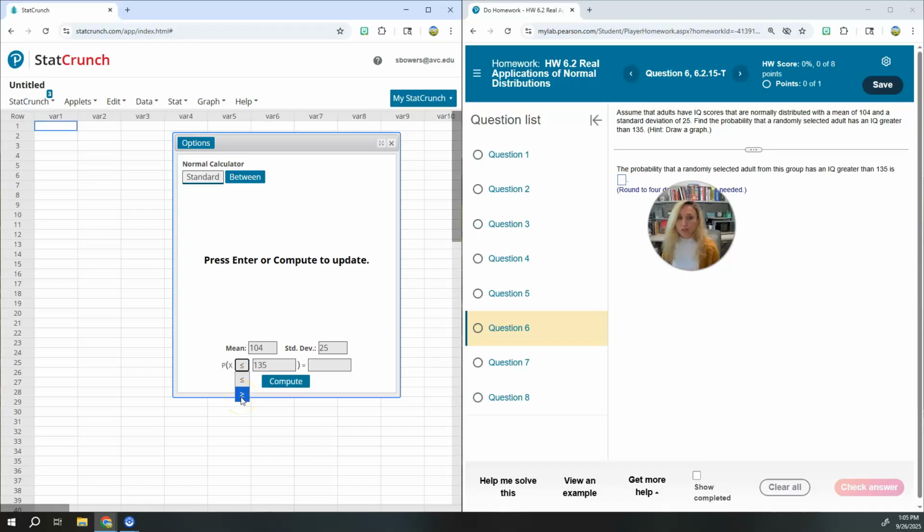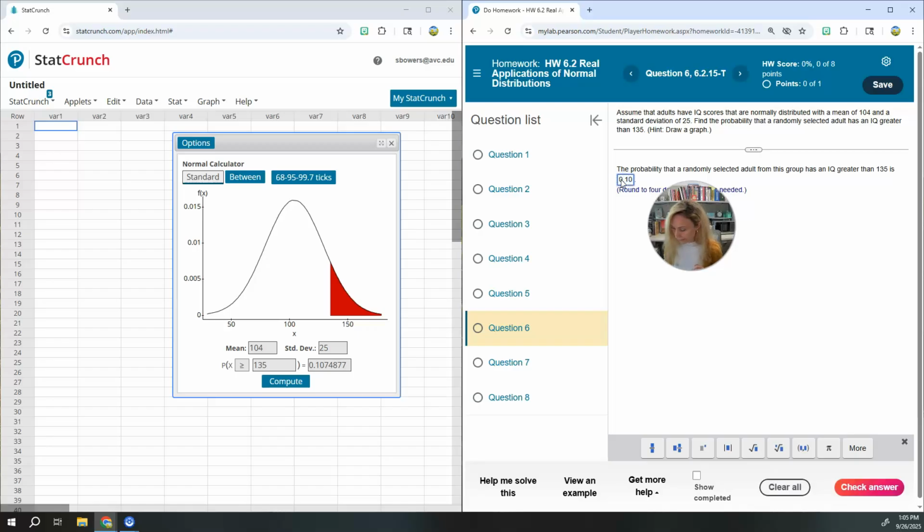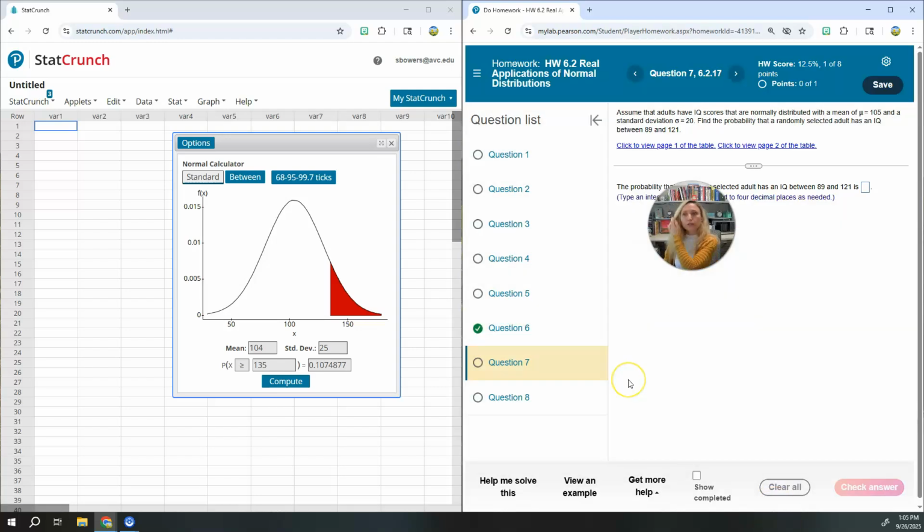So we'll change the sign to greater or equal, compute, and round to 4 decimal places, 0.1075. Let's look at the next question.